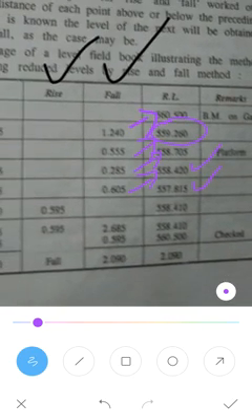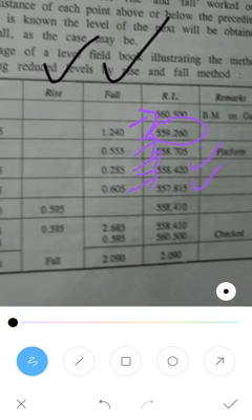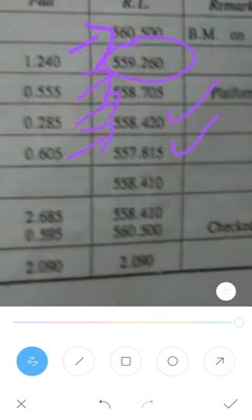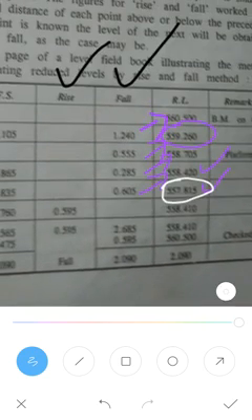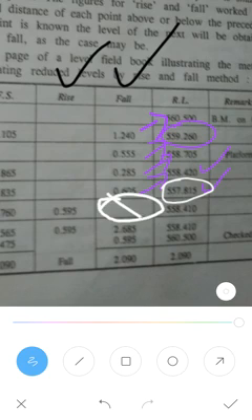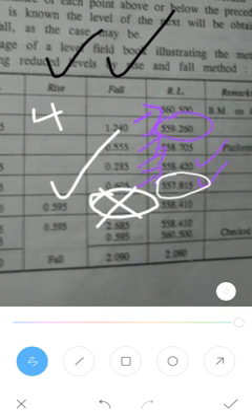After getting 557.815, there is no fall, but you have a rise value. Then rise means addition, don't forget, rise means addition. Fall means subtraction.